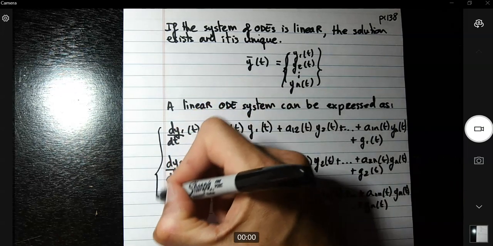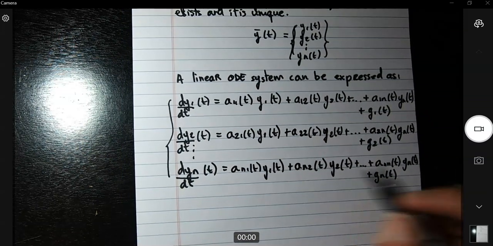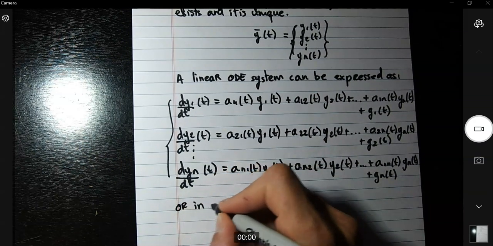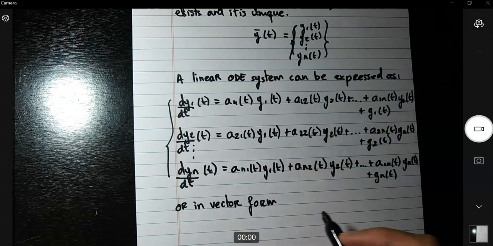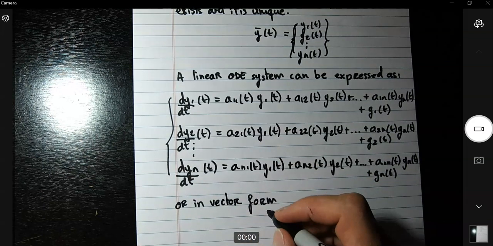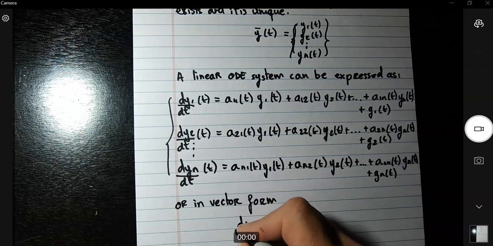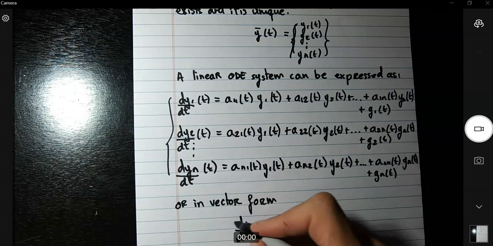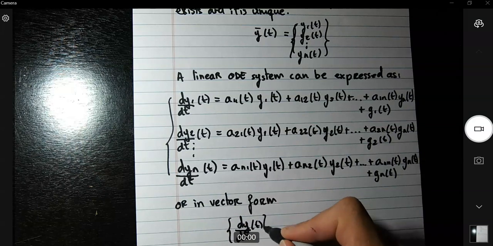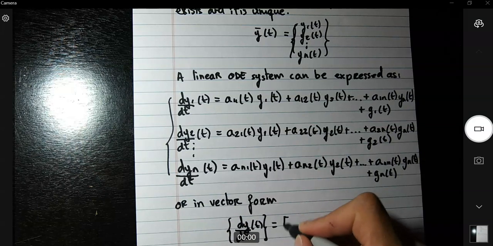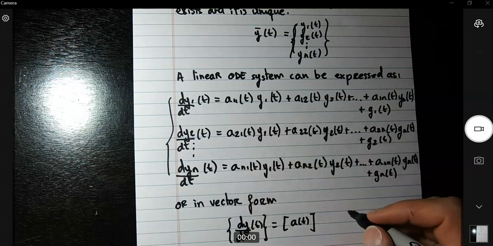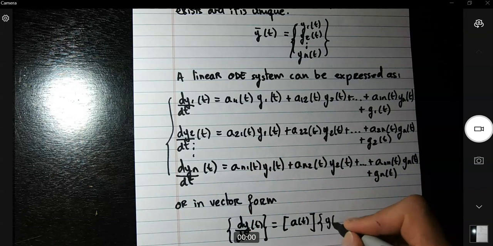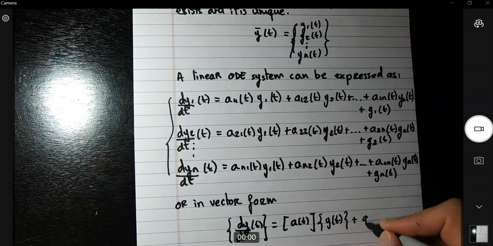So this would be our system of ODEs, or again in vector form. This becomes dy/dt equal to a matrix of coefficients A times a vector y of t plus a vector g of t.